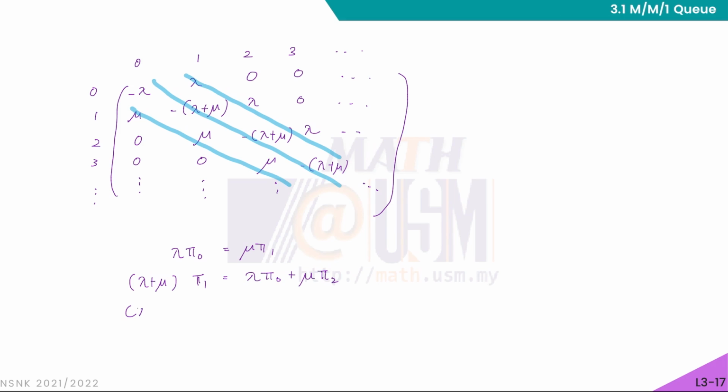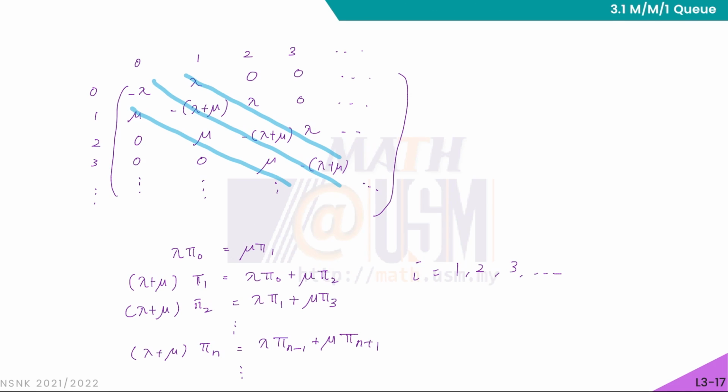Our third equation is lambda plus mu, times pi 2, equals lambda pi 1 plus mu pi 3. And for i equals n, the more general term, you will have lambda plus mu, times pi n, equals lambda pi n minus 1 plus mu pi n plus 1, and so on, for i equals 1, 2, 3 and so on.